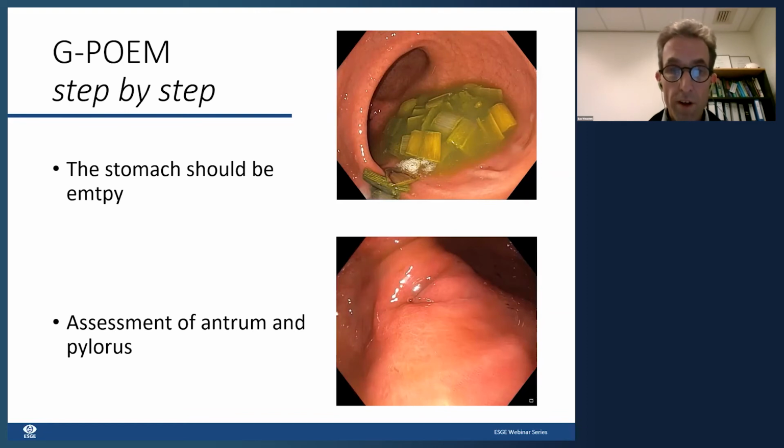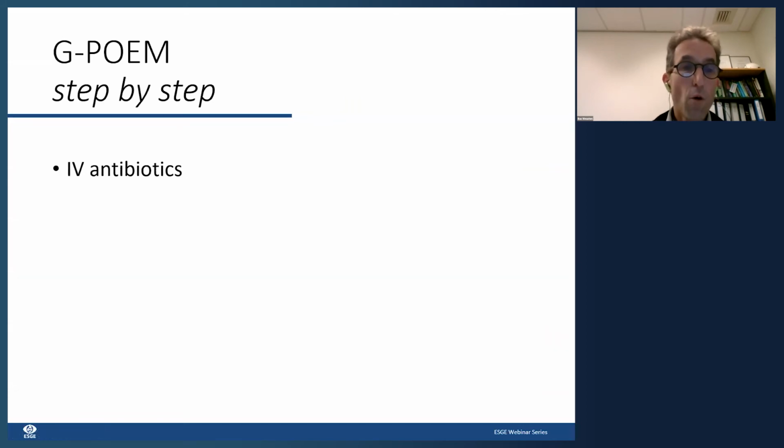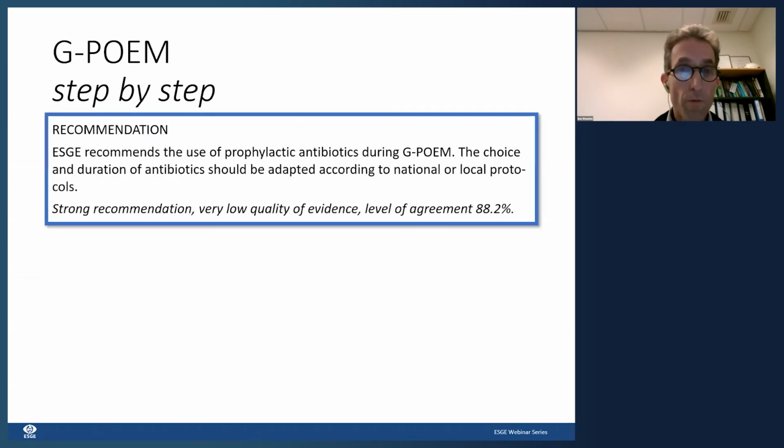It must be said here that sometimes you can see a closed pylorus, but sometimes it looks quite open, and it is not a predictive factor whether a J-POEM would be effective or not. We always administer IV prophylactic antibiotics during J-POEM, and the choice should, of course, be according to the national or local protocols.